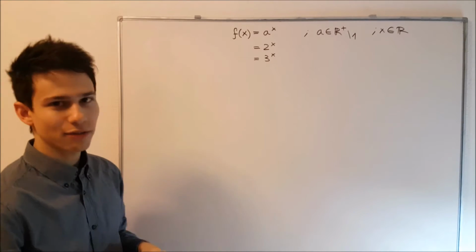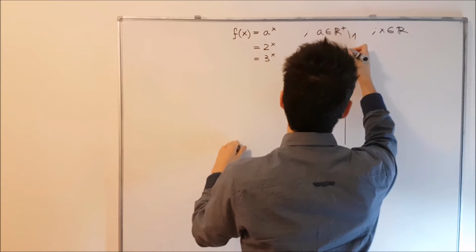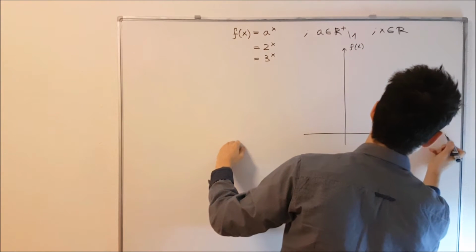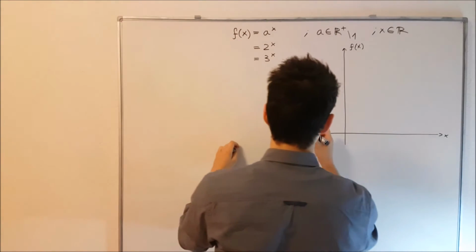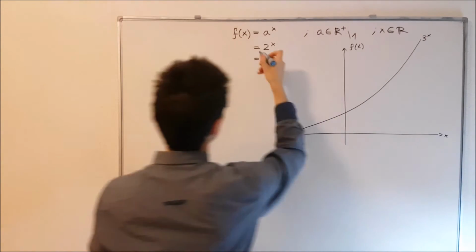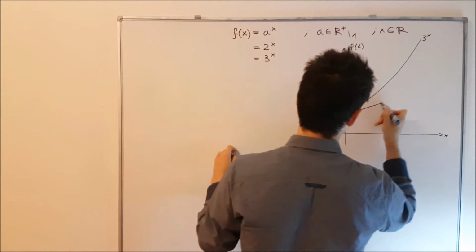But first let me graph these two functions. So if this were to be f of x, then this has to be the x-axis. And the function 3 to the power x would look approximately like this, whereas the function 2 to the power x would look approximately like that.